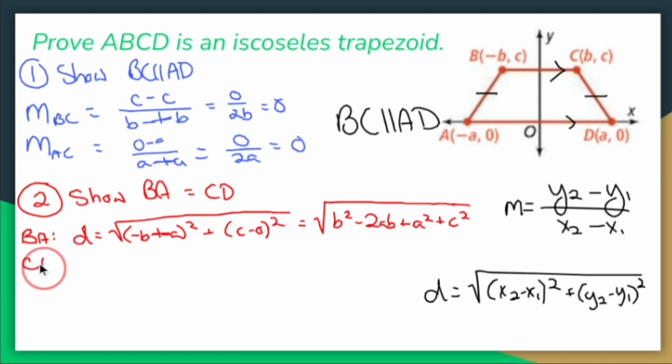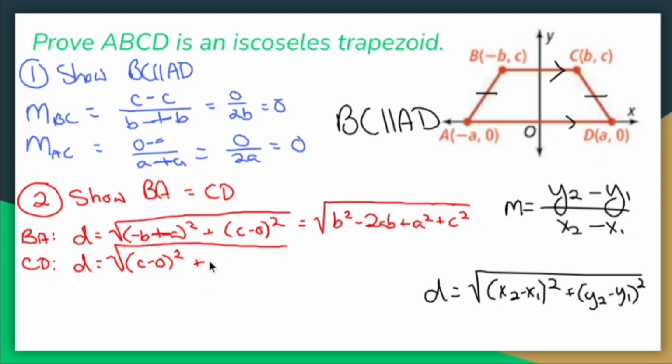Let's keep that red going. CD. The distance for that, big square root again. I'm going to let C be my 2's, and D be my 1's. That is going to be c minus 0 squared. Oh, I did it backwards, didn't I? Doesn't really matter.